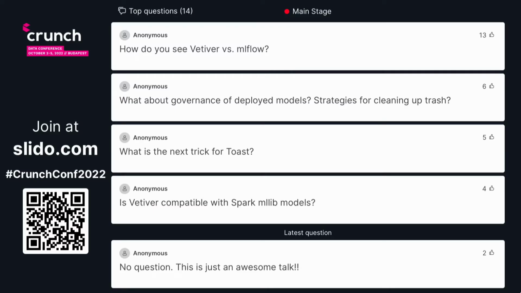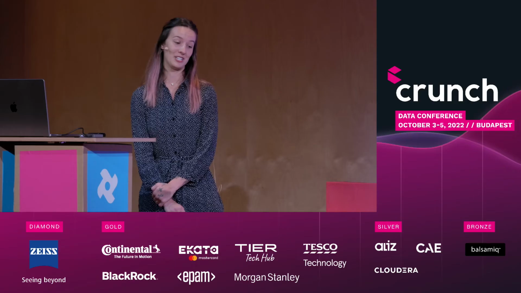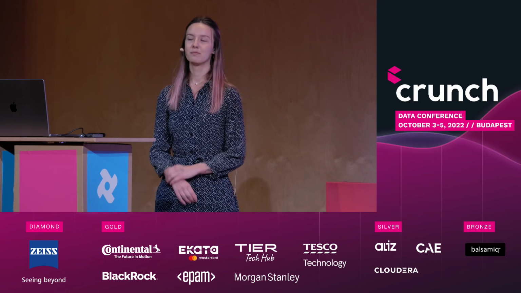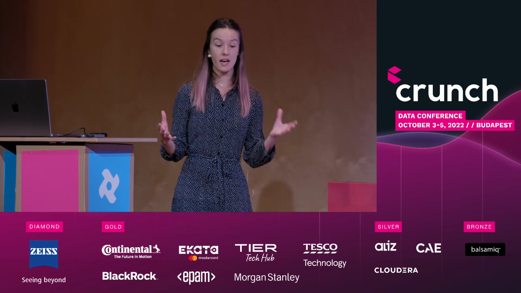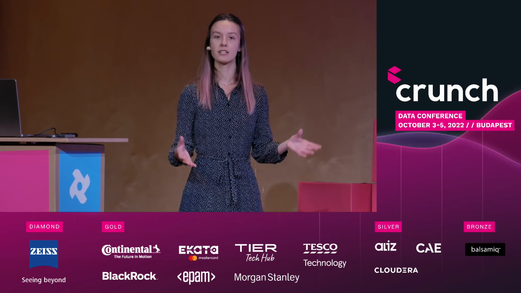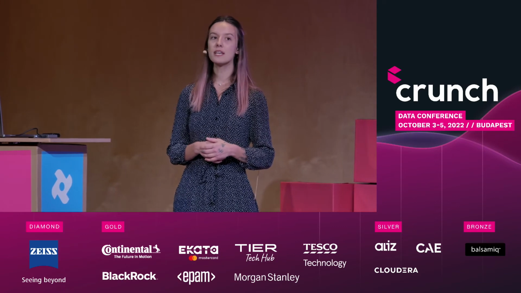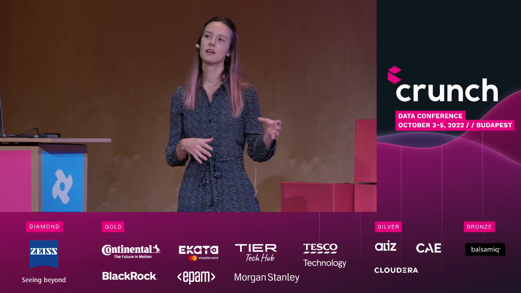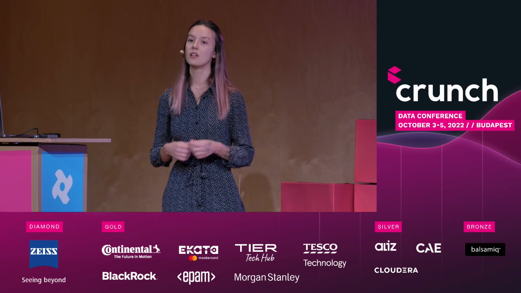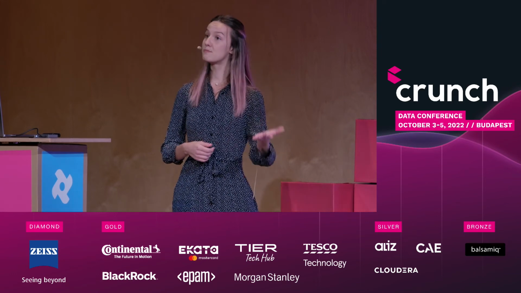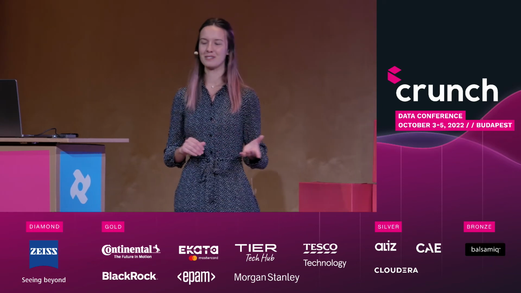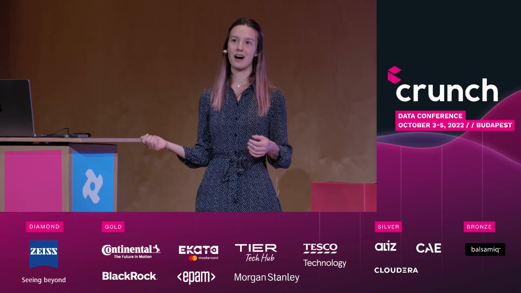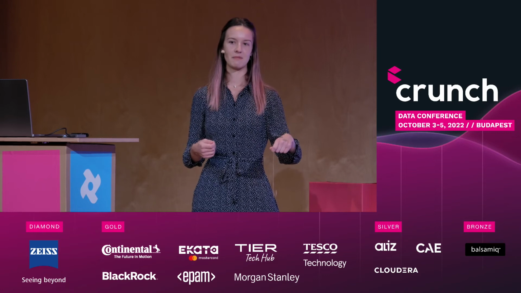How do you see Vetiver versus MLflow? I love this question. So MLflow is another machine learning operations framework, and it is focused in a little bit different ways. MLflow has invested a lot of knowledge in experiment tracking, and they do such a great job, and it's super fun to play around with. So when you're training your model, it'll log every single hyperparameter.